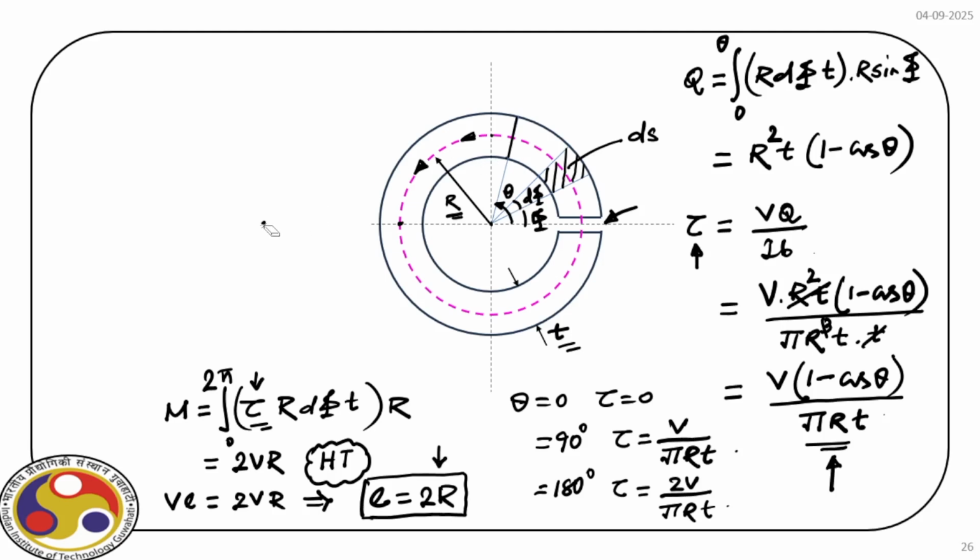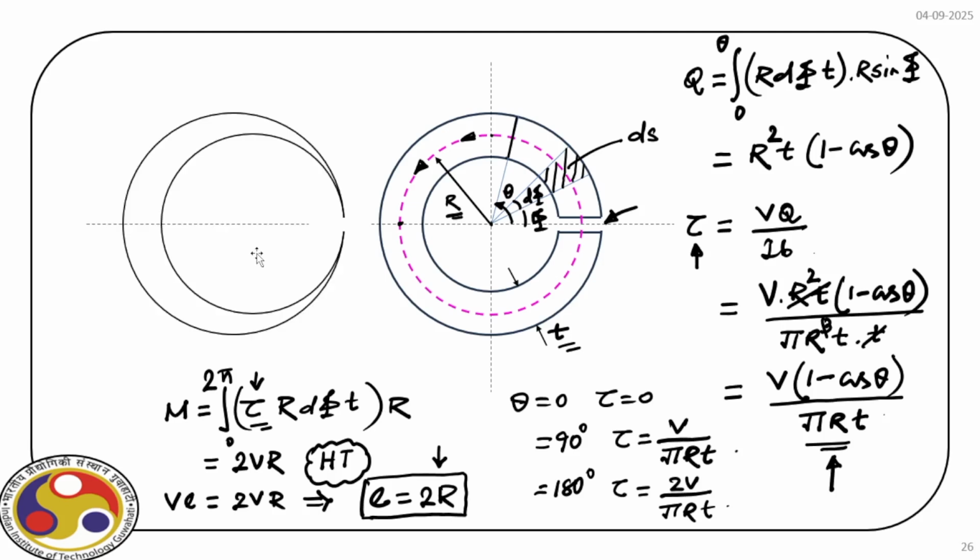Now if we plot this diagram, what we get is at theta equal to 0 or close to 0 here, we have tau equal to 0, that we have already derived. So tau is 0 here, right? Now at 90 degree, so we are somewhere here, tau is V by pi r t.